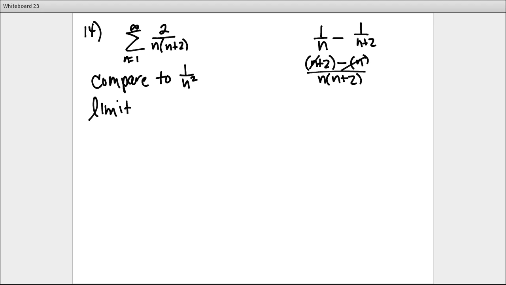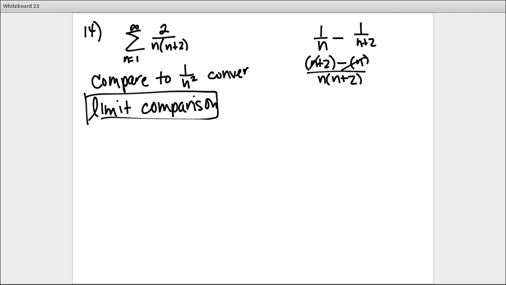Yeah, do a comparison to 1 over n squared, which is one we know, so this is the limit comparison test is the one I'm going to do. And I know 1 over n squared converges.